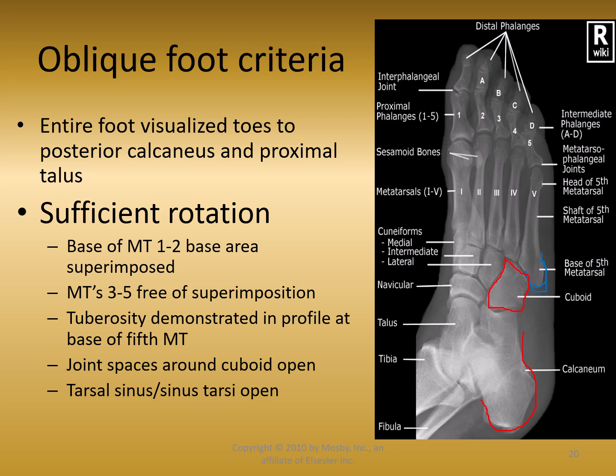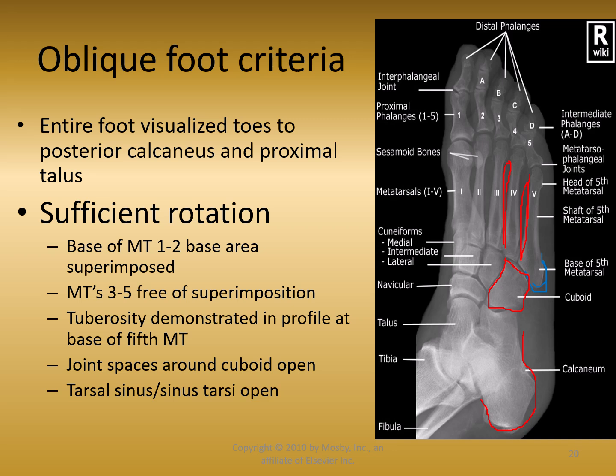And we'll be able to see the distance between the third through the fifth. So between the third, the fourth and the fifth, we'll have more separation between those metatarsals at the base than we did in that AP. Remember in the AP, we were saying that the bases of those metatarsals 2 through 5 are going to superimpose.